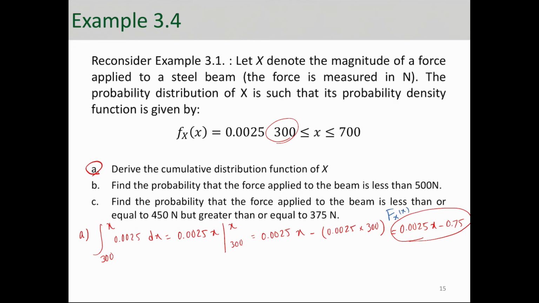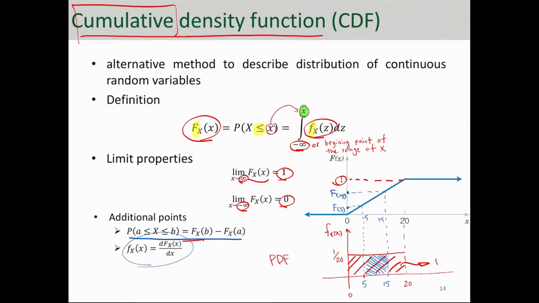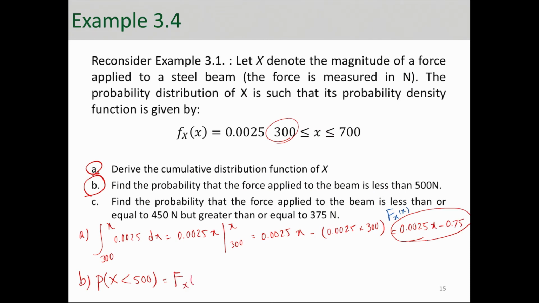Now that you have the CDF function, find the probability that the force applied to the beam is less than 500 Newtons. For part B, you can clearly see that the probability of x less than 500 is asked. Based on what we talked about, you can use F of x at point 500.